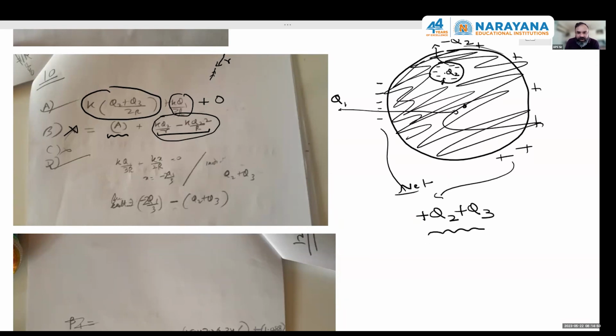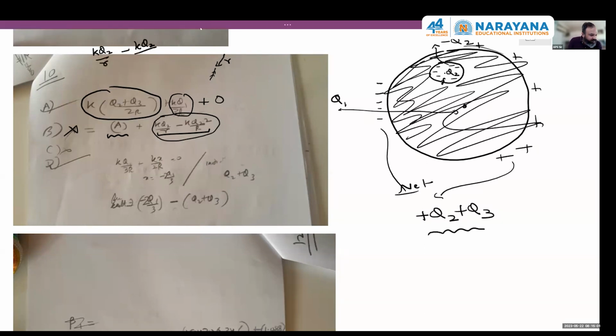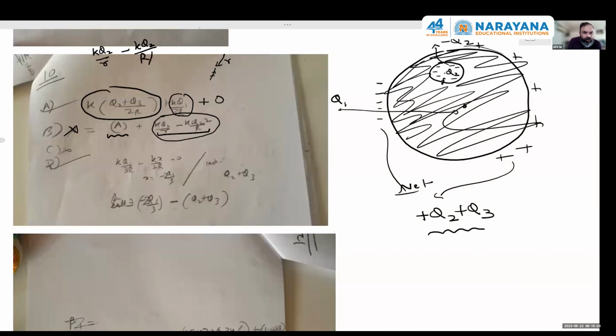The final potential is K Q2 upon R minus K Q2 upon his radius, and his radius was R by 2. You understand why I've written this term here. This is additional work, and A part, so it doesn't match.